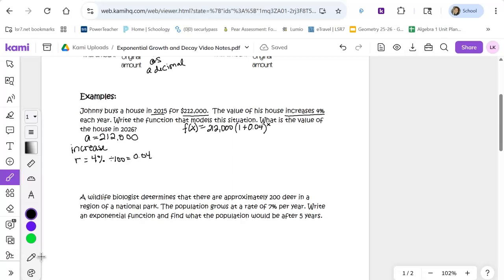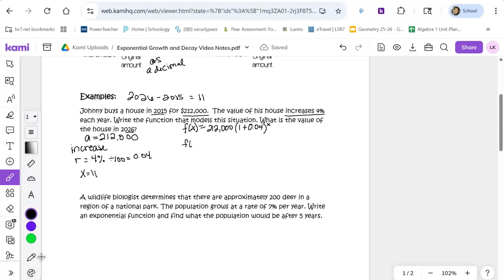So it started in 2015, now it's 2026. So 2026 minus 2015, that's 11. So x is going to equal 11.